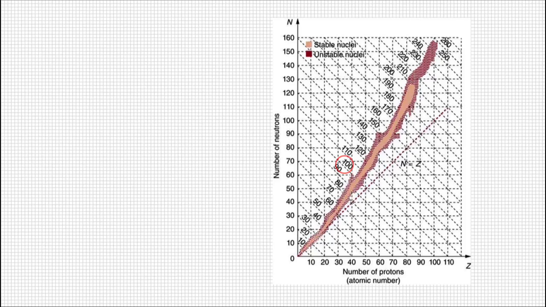What you see here is a graph that represents the number of neutrons in any nucleus plotted against the number of protons. In other words, the neutron number N against the atomic number Z. Now, ideally, what we would find is that the number of protons and neutrons would be equal, and as you can see, they are equal.